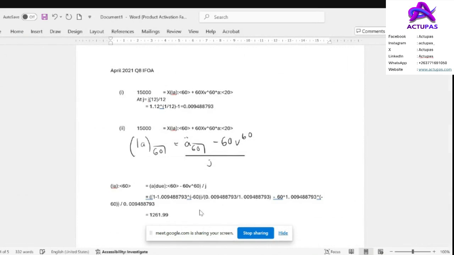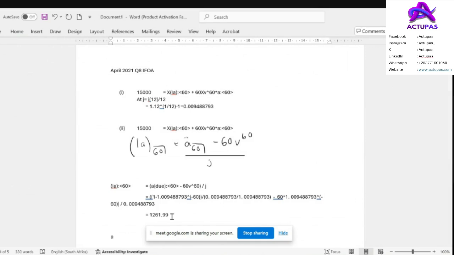Now we want to find the next part. Sorry, this is a60 because it's for 5 years too. So now we want to find a60, and this would be easy.